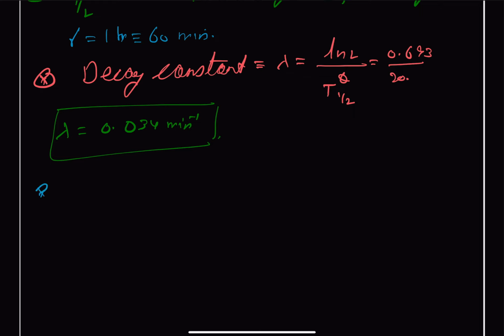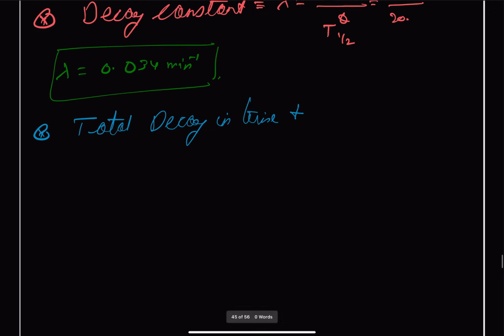So we can write the total decay in time t with the formula: N decay will be equal to N naught times 1 minus e raised to power minus lambda t.